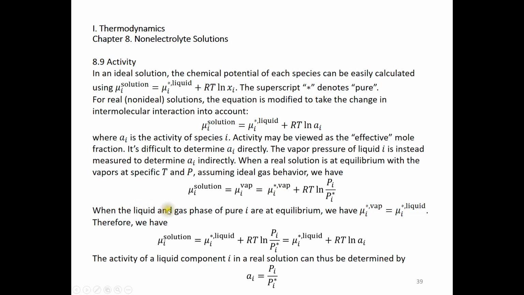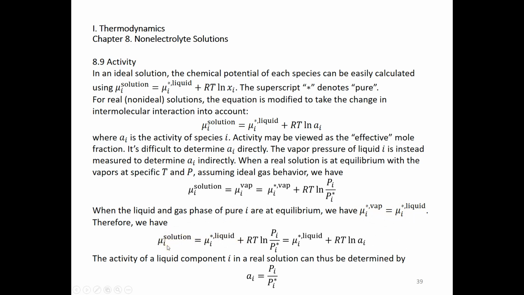When the liquid and gas phase of pure i are at equilibrium, we have this equation. Again, this star means pure, and we have species i, and the chemical potential of the gas phase equals the chemical potential of the liquid phase. And therefore, we have this equation.